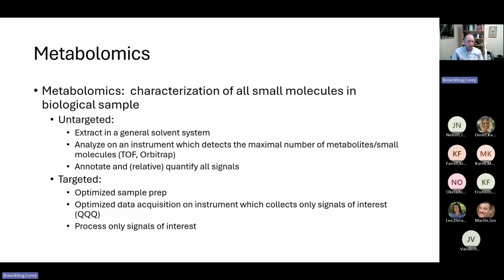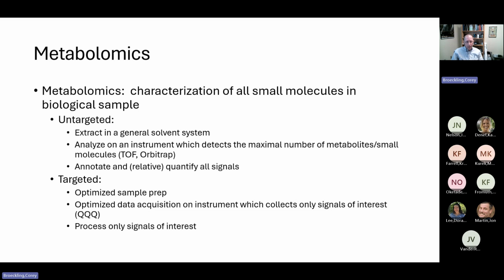With an untargeted application, we're generating extracts from a sample in a general solvent system, trying to make sure that we have relatively rich samples. We want to detect as many things as we can, so we want to extract as many as we can. We then analyze this extract on an instrument which detects the maximal number of metabolites.